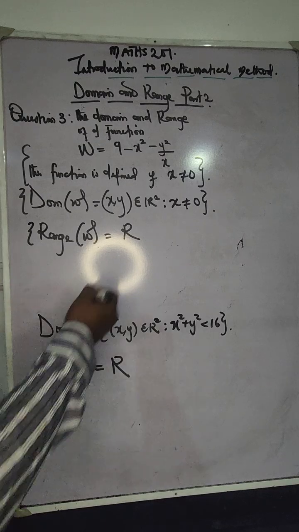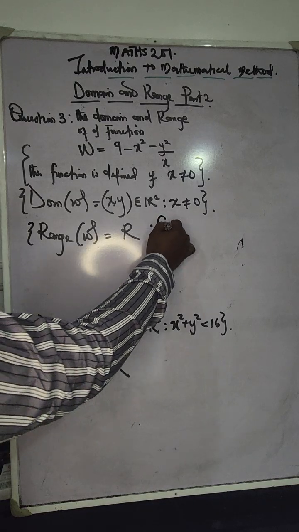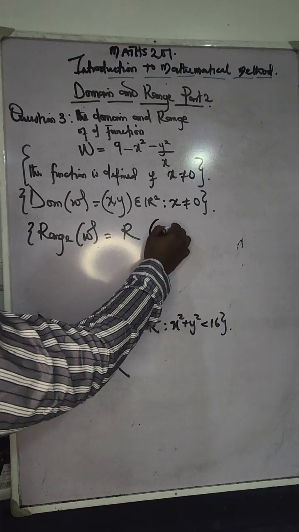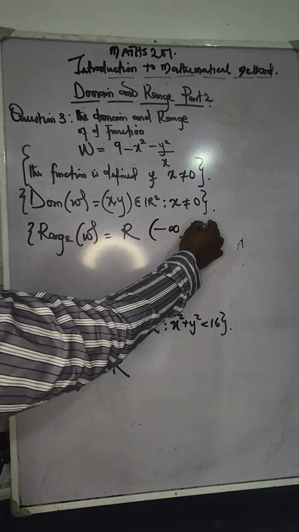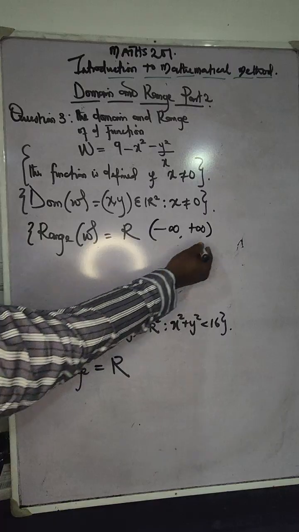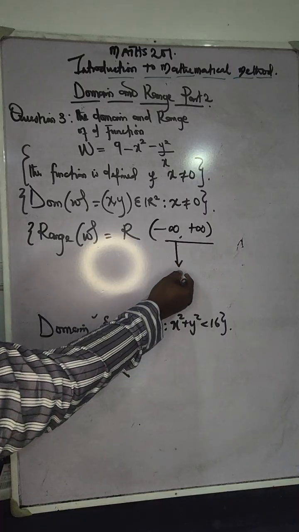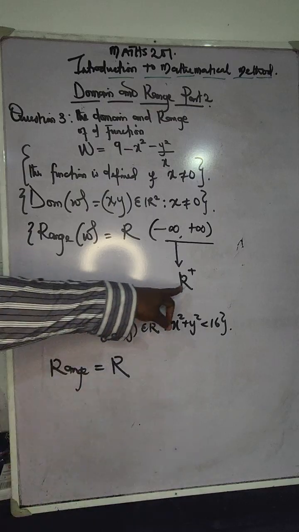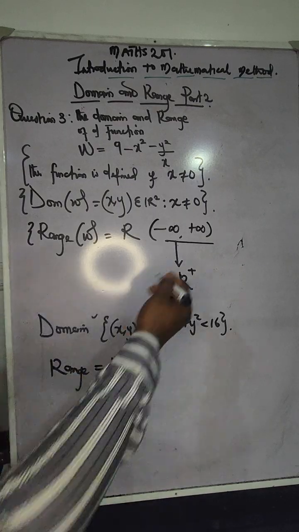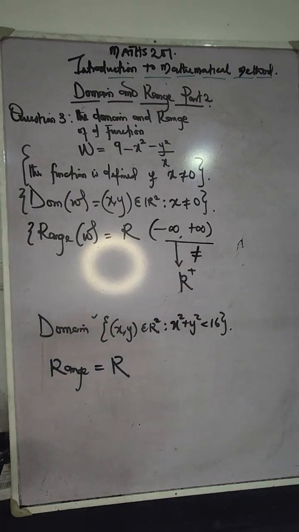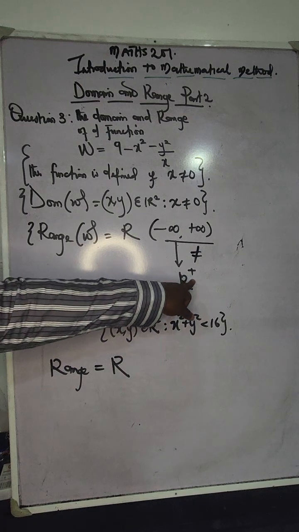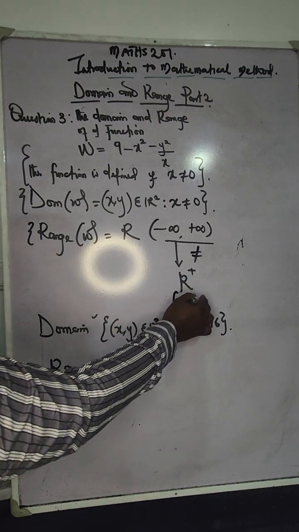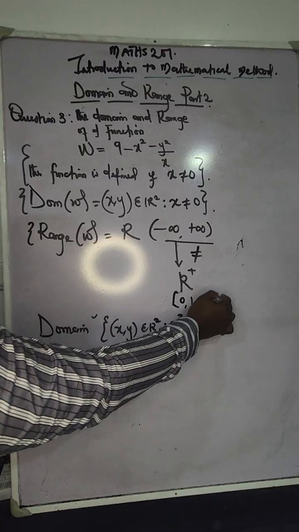You can also write this as negative infinity to positive infinity, the same thing. But this is not the same thing as all real numbers positive. That means all positive real numbers starting from 0, 1, 2, as we approach positive infinity.